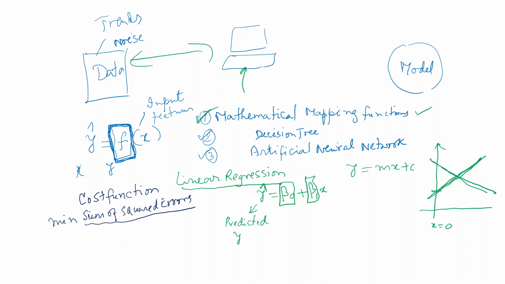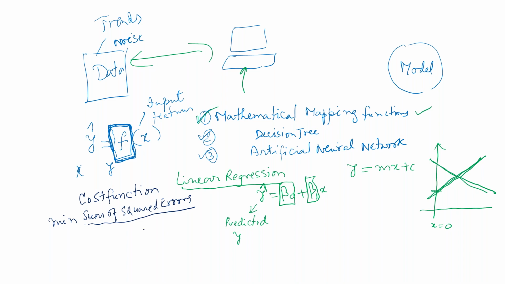Every algorithm using any mathematical mapping function, simple to very complex, is represented by one cost function, and the algorithm's goal is, for given data, to figure out the best model for which the cost function is minimum.